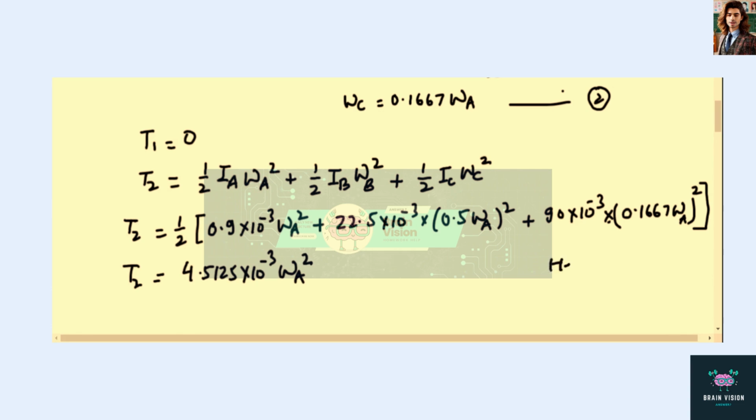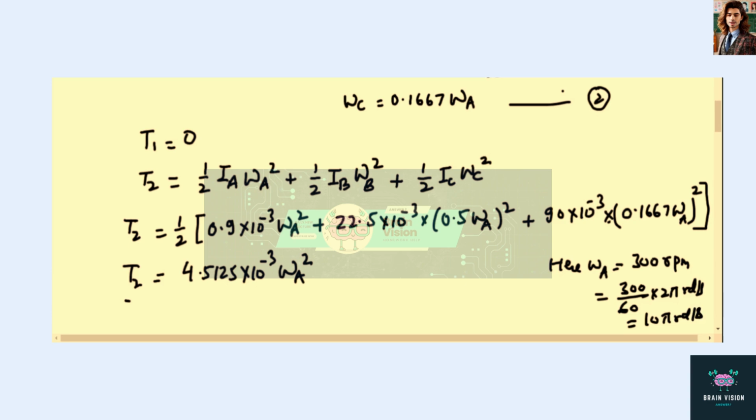Here omega A is given as 300 rpm, that is 300 by 60 into 2 pi radian per second. So you will get 10 pi radian per second.